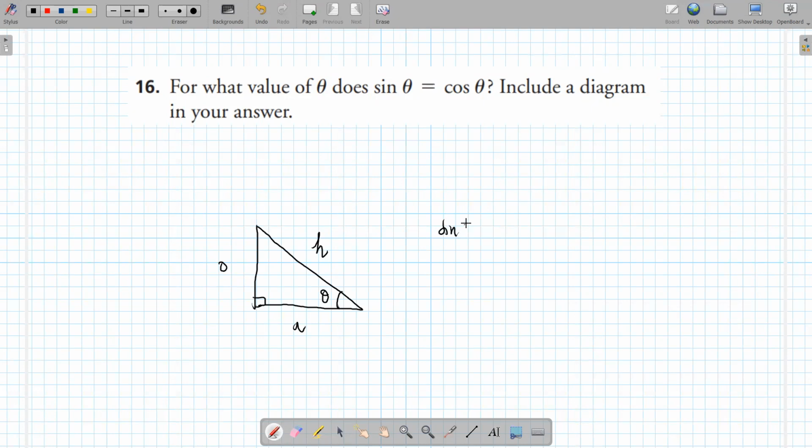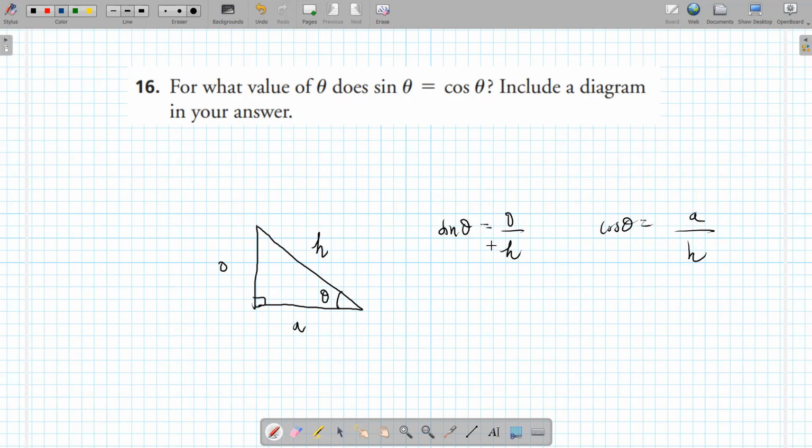In this triangle, what's sine theta equal to, in terms of O, A and H? Opposite over hypotenuse, right, so it's going to be O over H. Similarly, cosine theta is going to be A over H, right?